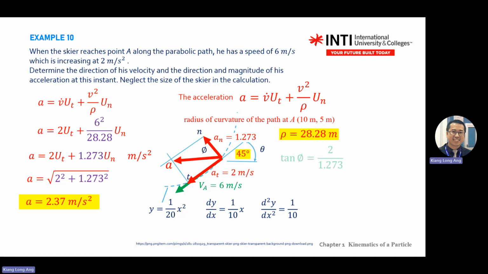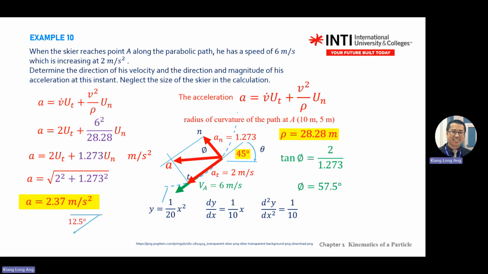Then you can find the tangent of this angle. I just give you the workout. You go and study how to get the 2, how to get 1.2773. Go and figure it out.